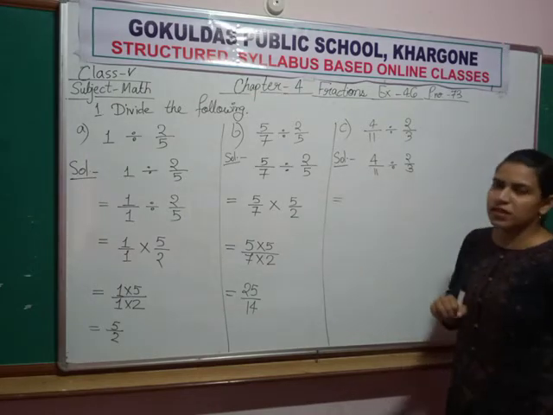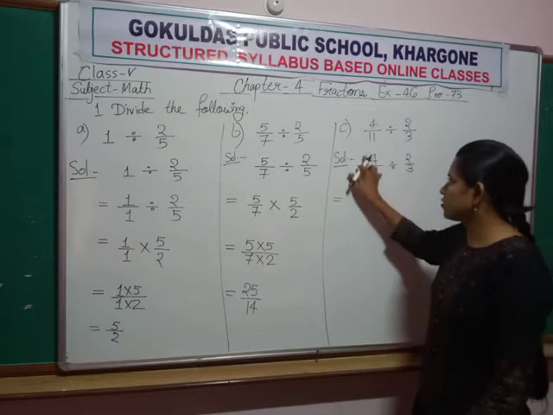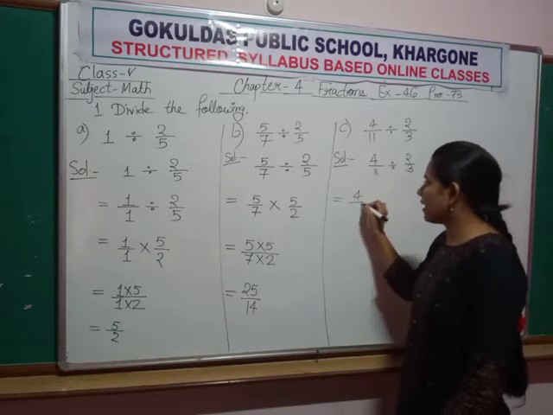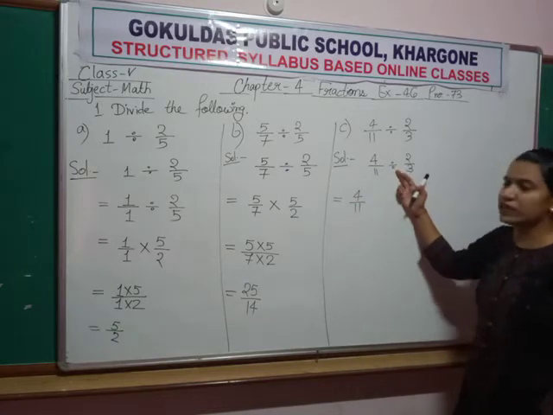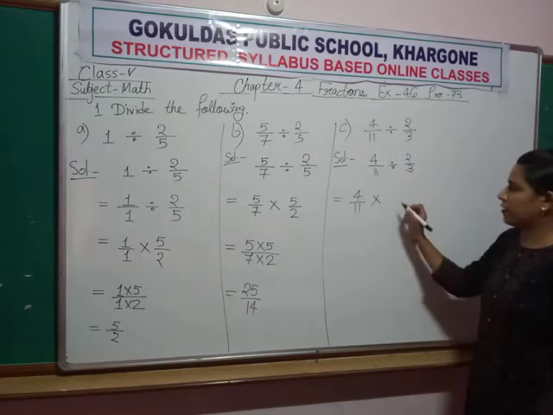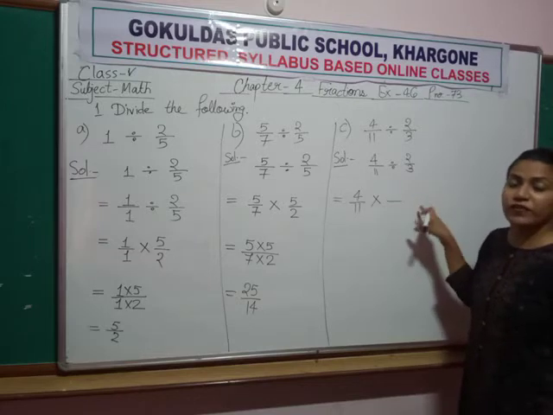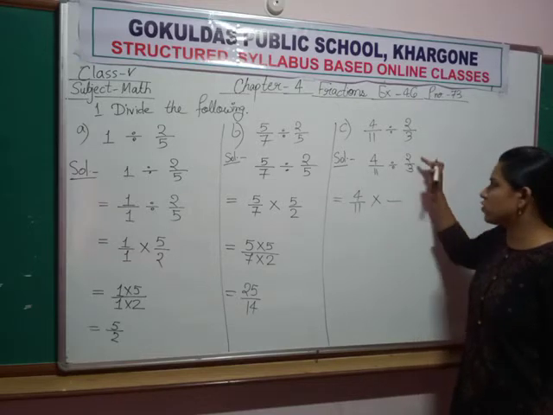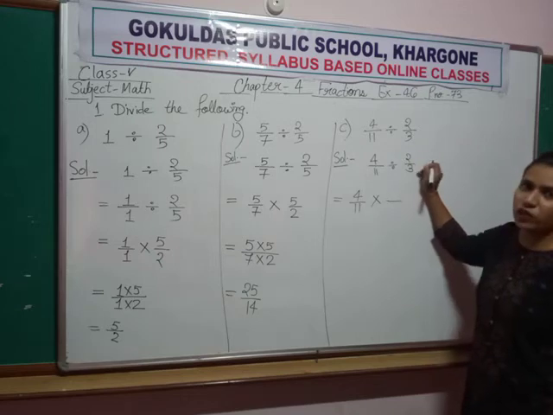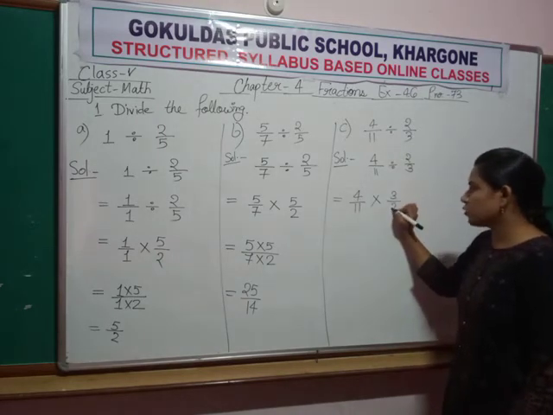Now in the next step, we will write the dividend as it is, so write 4 upon 11 as it is. Now we will replace the symbol with multiply, and in the divisor part we will write the multiplicative inverse of 2 upon 3. The multiplicative inverse of 2 upon 3 is 3 upon 2.